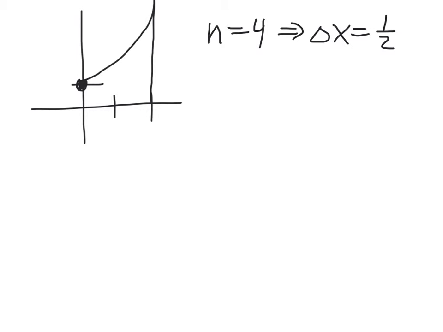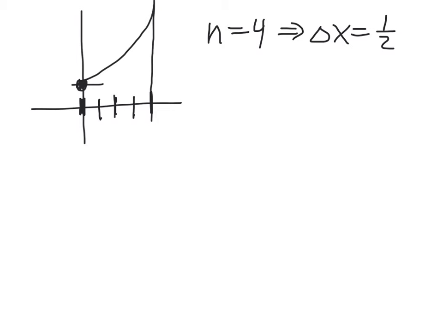So we're still using what we will eventually call the partition. We're still using the same partition of 0, 1/2, 1, 1.5, and 2.